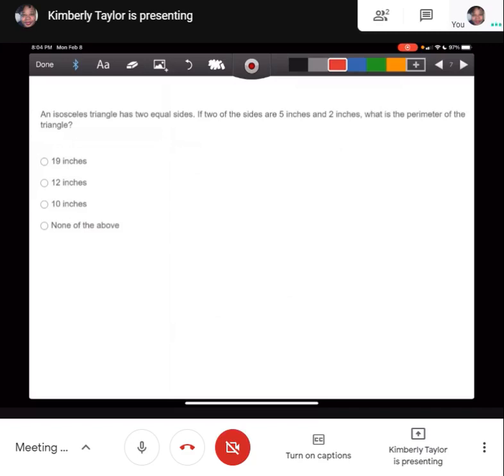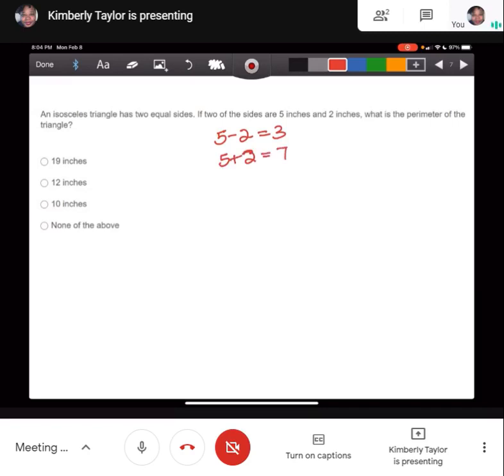If the sides are 5 inches and 2 inches, then the other side has to be in between these two numbers. So I'd say 5 minus 2 to get 3, and then 5 plus 2 to get 7.